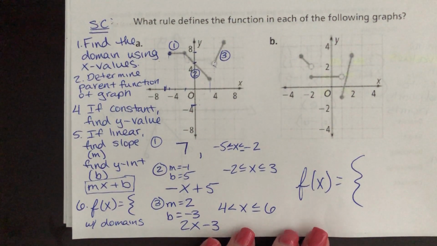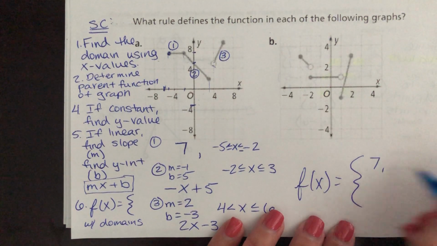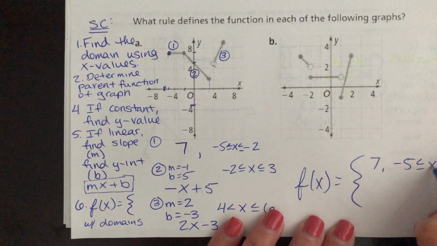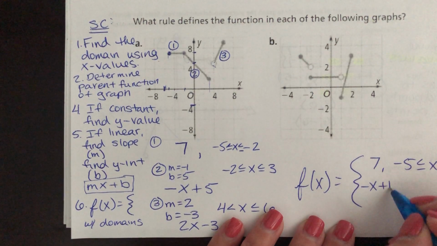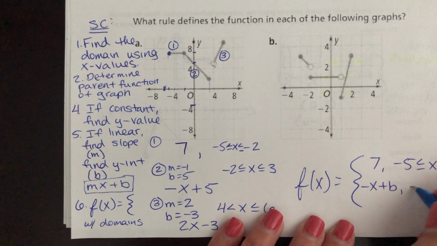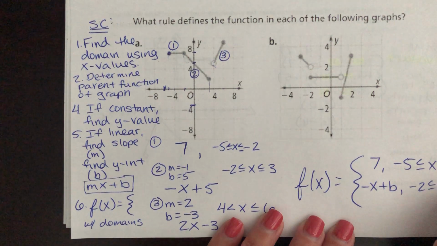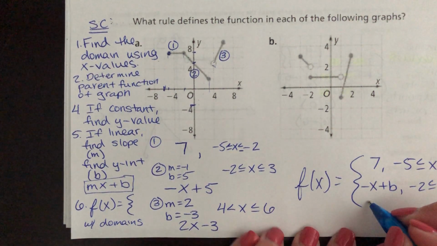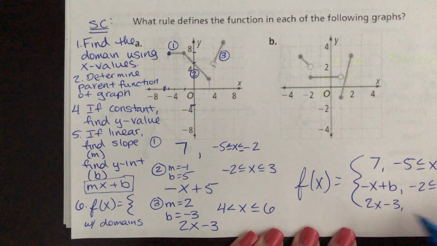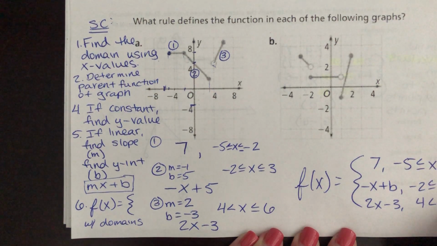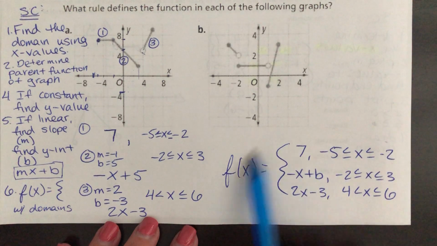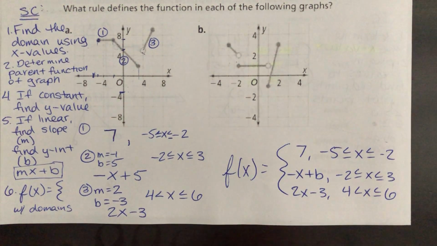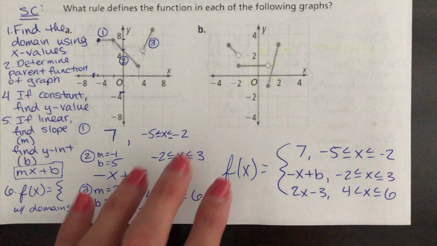F of x equals, and then I put my first one, and then my second, and my last one. Okay. And then this would be your answer right here. So now you get to try B and check it with the answer. Keep posted.